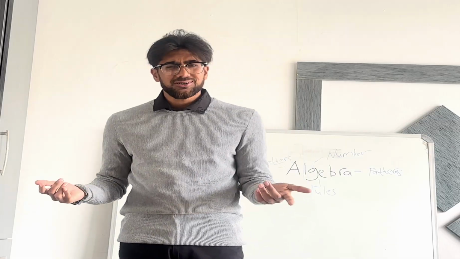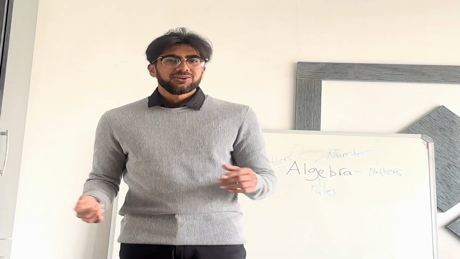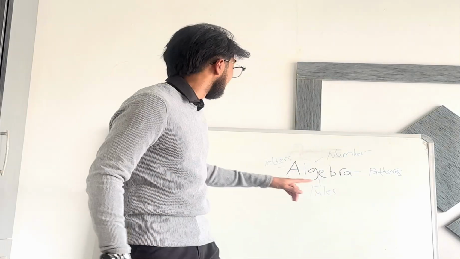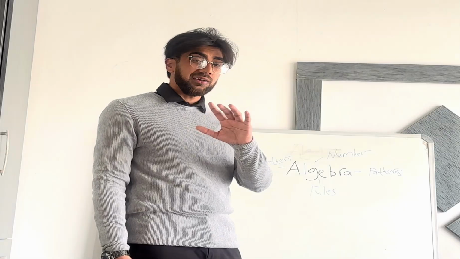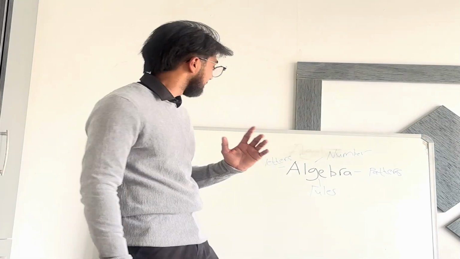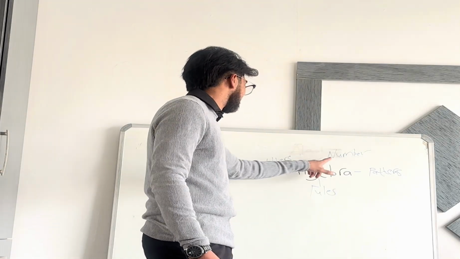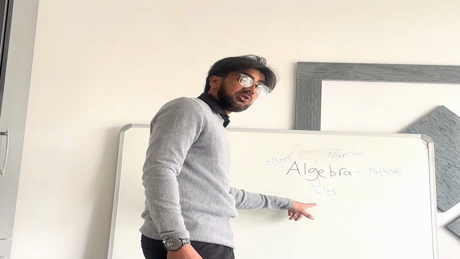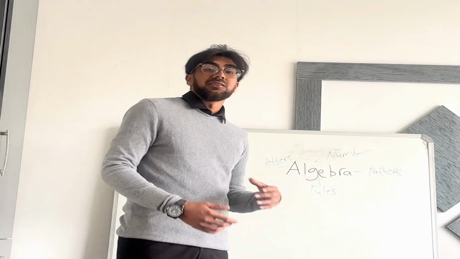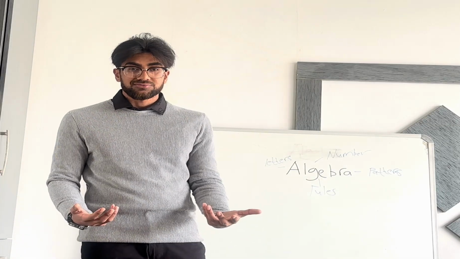In today's lesson, we are going to be discussing a new topic called algebra. Now you might ask yourself, sir, what is algebra? In mathematics, algebra is a secret code, or a secret language perhaps, that uses letters and numbers that show rules and patterns to solve problems.